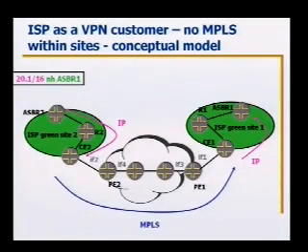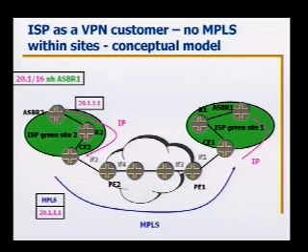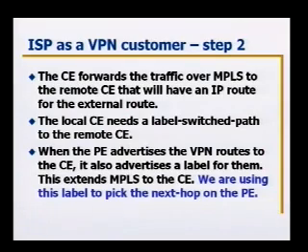So we're going to have IP, then MPLS, and again IP. So what we need is to forward the packet as MPLS between the last guy who knows how to forward it as IP to the first guy on the other side who needs to forward it as IP.